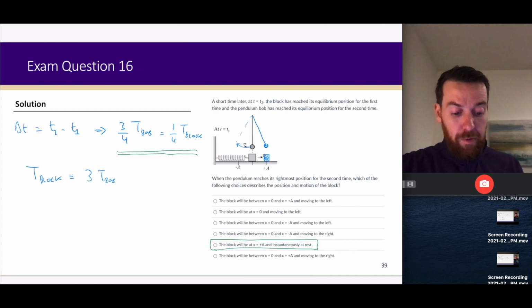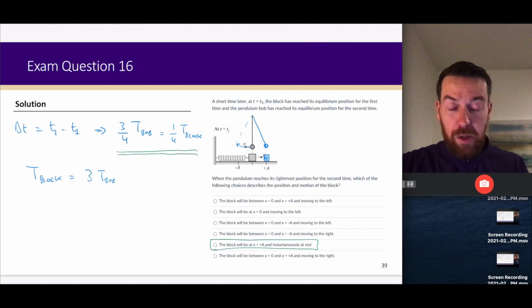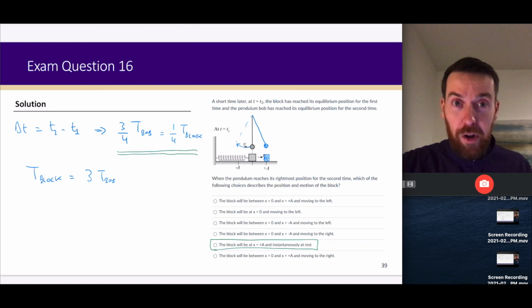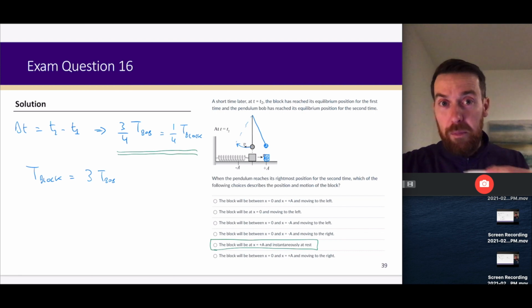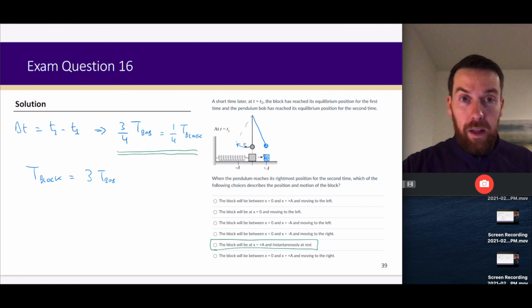And then for the block to get back to the rightmost position again, it is another 3/4 from the equilibrium, which means the block moves again just 1 amplitude to the right. So when the pendulum bob is in the rightmost position for the second time, the block is right underneath it and instantaneously at rest, about to move to the left. Okay, so that's question 16, and I'll move on to question 17.